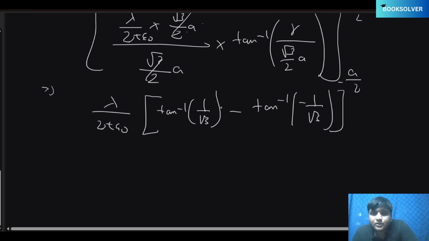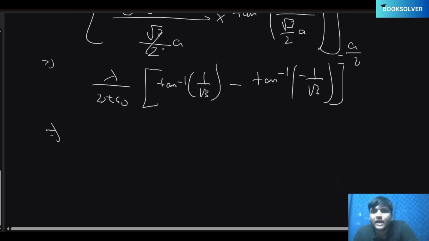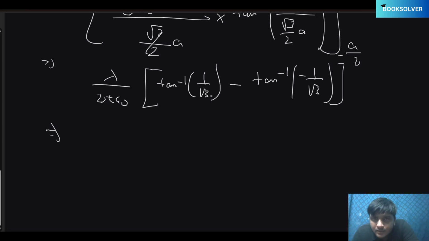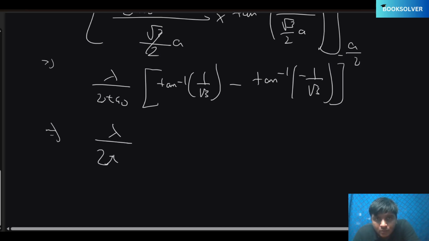We all know the domain of tan inverse is minus pi by 2 to pi by 2. So tan inverse of 1 by root 3 is pi by 6.